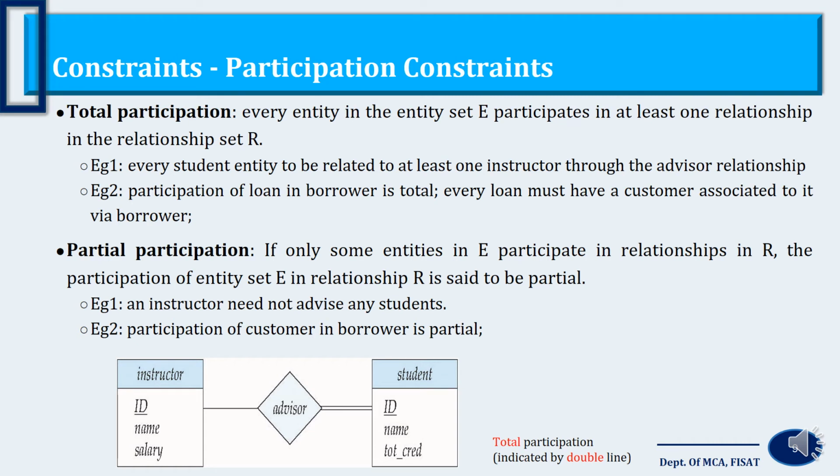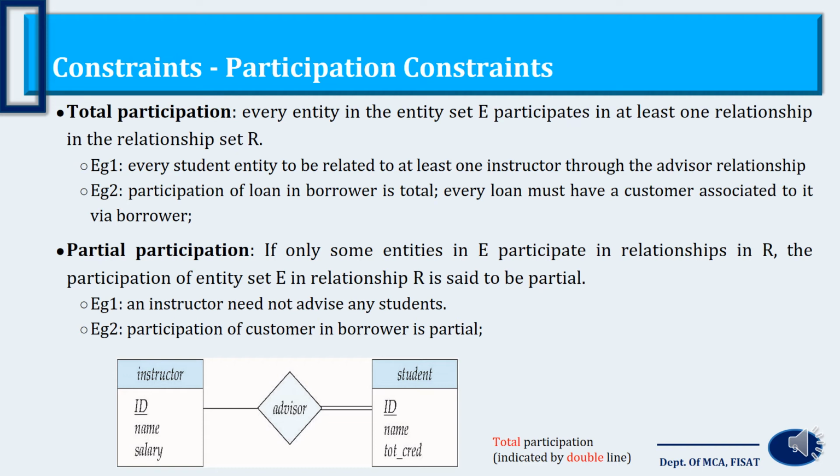Every entity is associated with at least one relationship. Okay, now let us look into the student instructor scenario. Every student entity must be related to at least one instructor through the advisor relationship. Every student should get advice from an instructor. So that scenario explains the total participation.